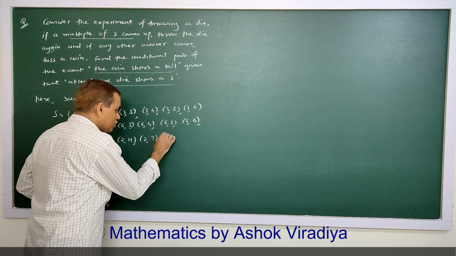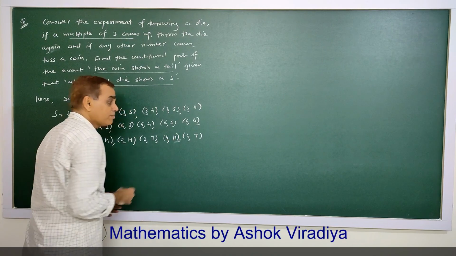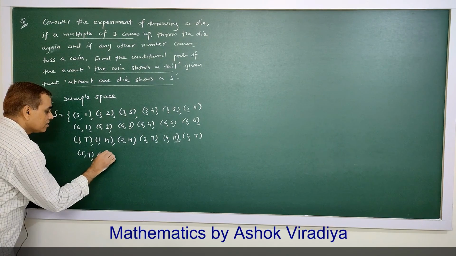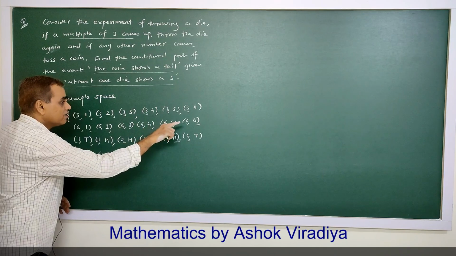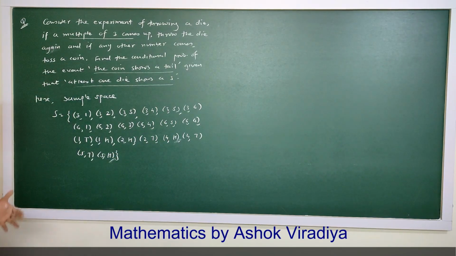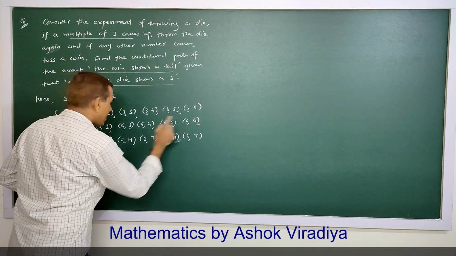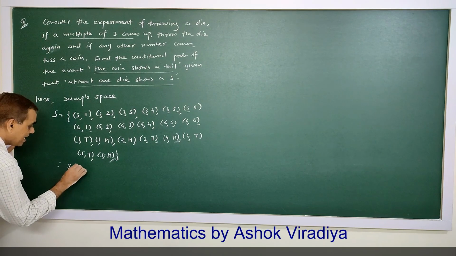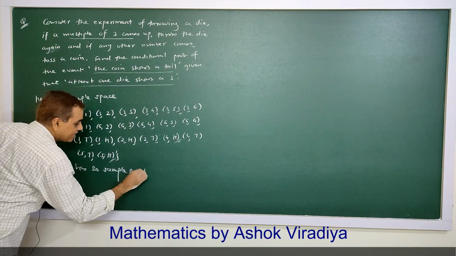If 4 comes, so 4h, 4t. 4 is not multiple of 3. Similarly 5 is not multiple of 3. 6 is a multiple of 3. For that, done. So these are elements in this sample space. So S has 20 sample points or 20 elements.